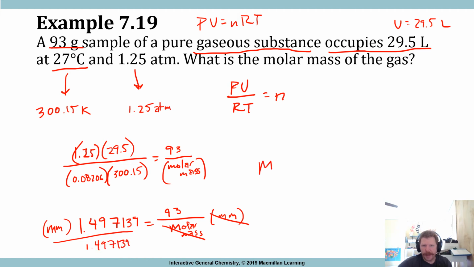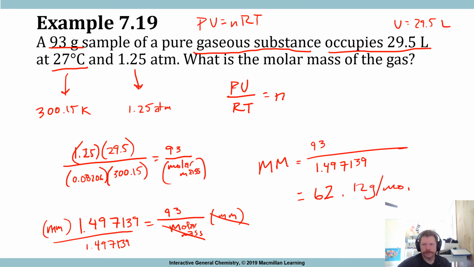So my molar mass is equal to 93 divided by 1.497139. And that gives me my molar mass, which is 62.12 grams per mole.